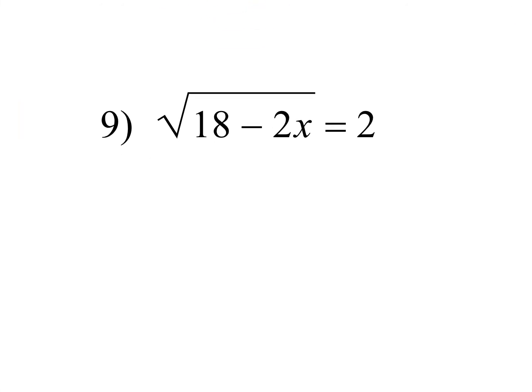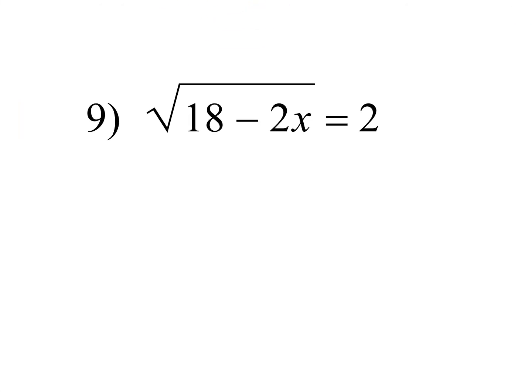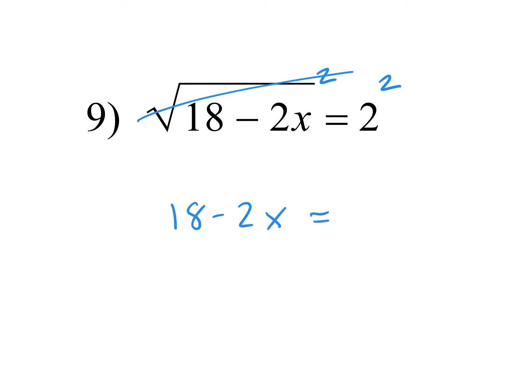Number 9. What should we do first? Square both sides. So what happens on the left? So what are we left with on the left? 18 minus 2x. Everything from the inside stays there. What do we get on the right? 4.